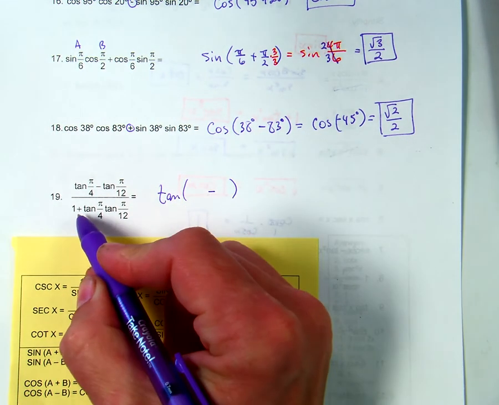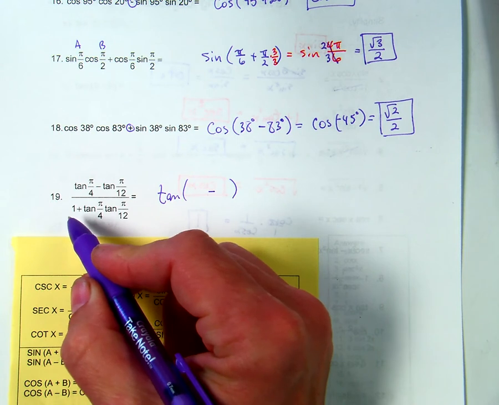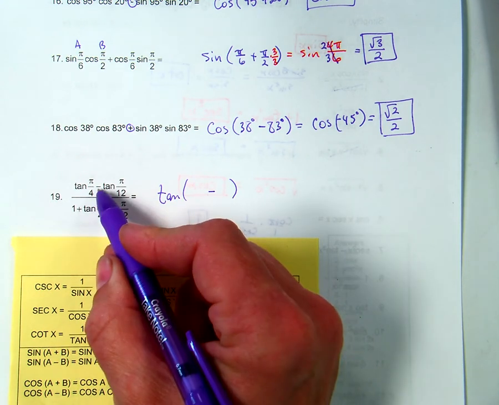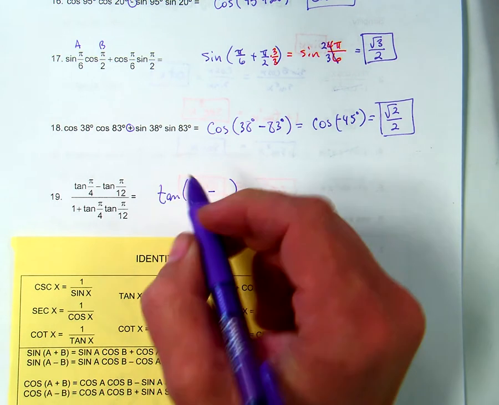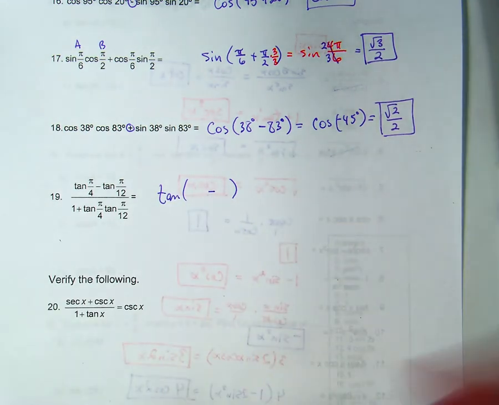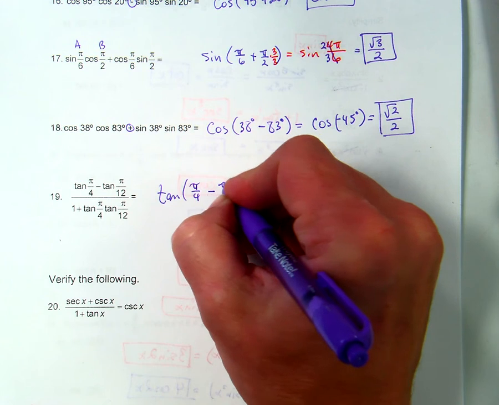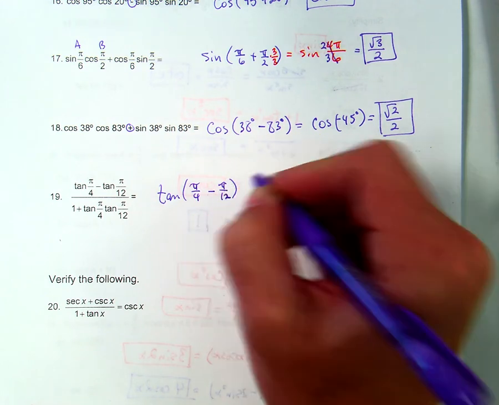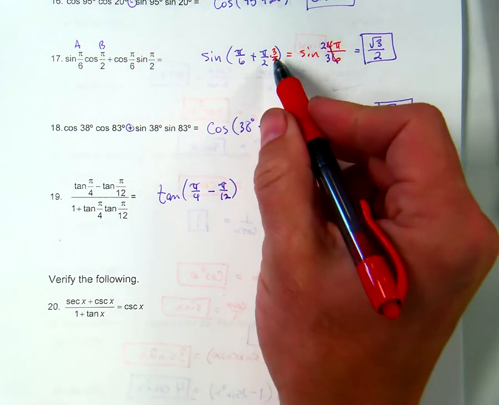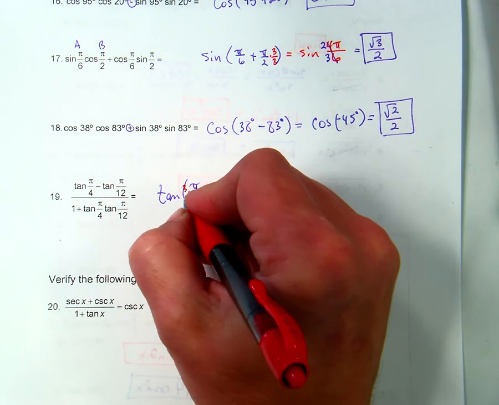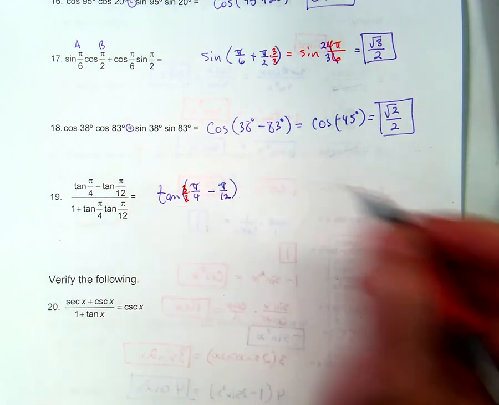The bottom is cosine, and the cosine part lies, so it always is the opposite sign. So we look at the top for tangent. We see the sign is going to be the same at the top. This is a difference for tangent. And so our two angles are pi over 4, pi over 12. Conveniently enough, we end up just like we did at the top, multiplying by 3 over 3 to get a common denominator here of 12.